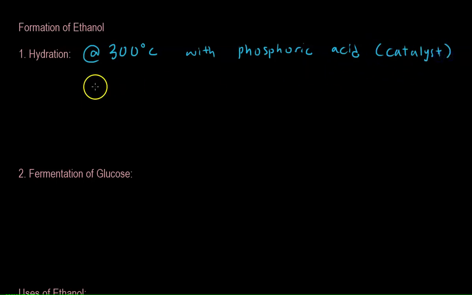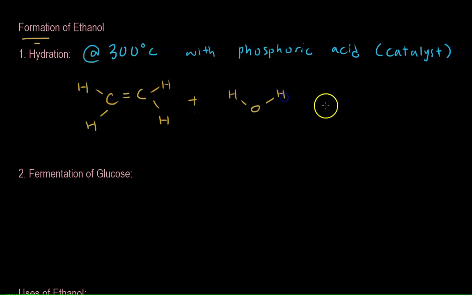Okay, so this is actually alkenes reaction. Okay, because we are here forming ethanol. So what we take is, we take an ethene molecule actually, we add it with a water molecule, giving us what we want, which is ethanol here.